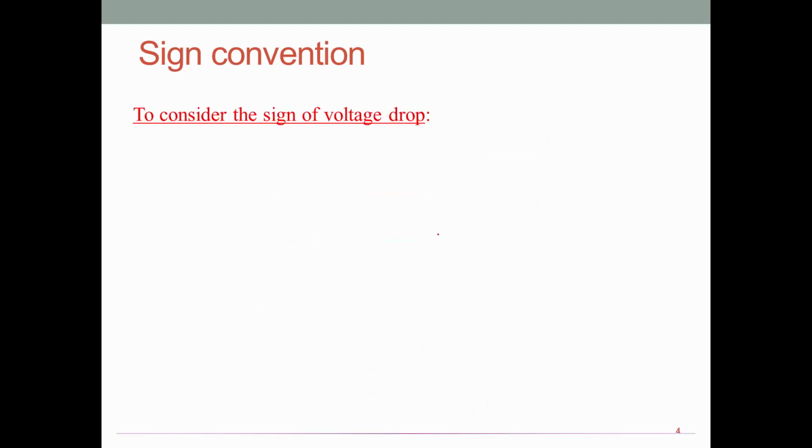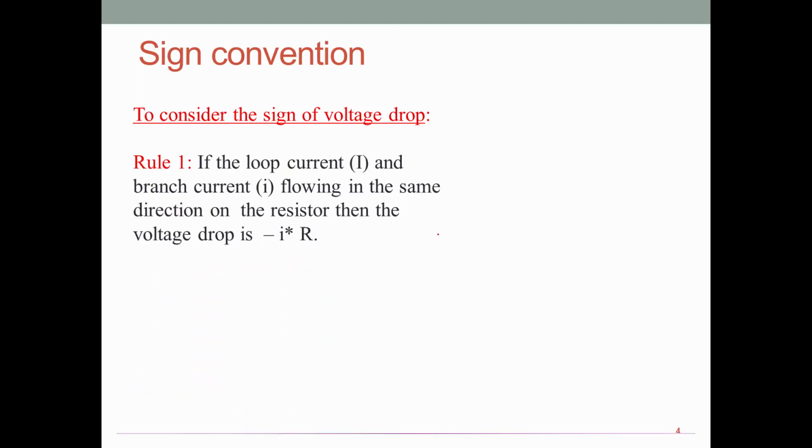Again, to consider the sign of voltage drop, it is mandatory to refer to two different rules. Rule number 1: if the loop current and branch current are flowing in the same direction on the resistor, then the voltage drop is minus I into R. Remember that I is the branch current.